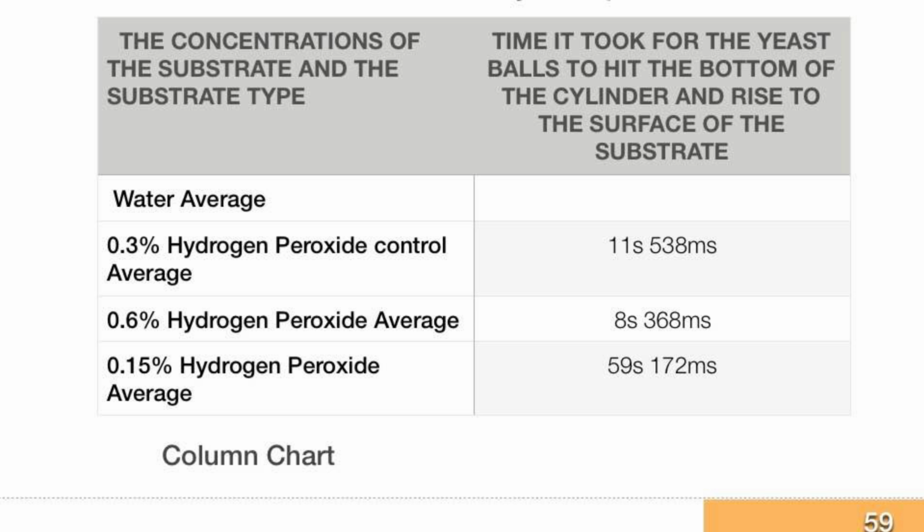This means fewer reactions and slower reactions due to fewer molecules. So it's effectively the exact opposite, except the yeast spheres eventually do get to the top as long as there are enough enzymes to give it enough force.